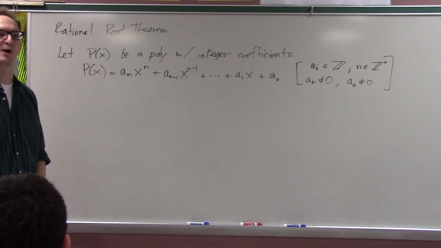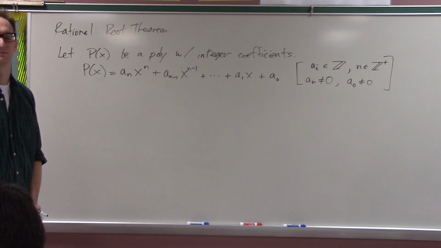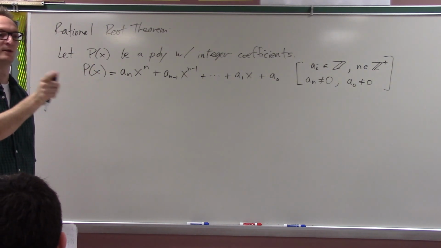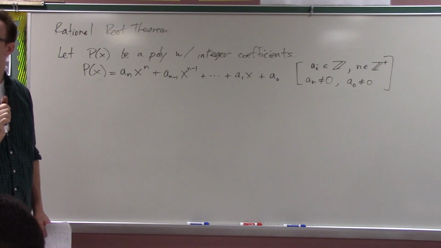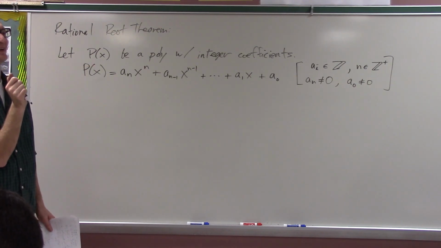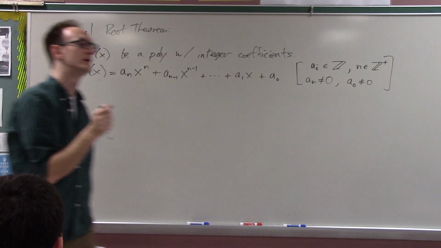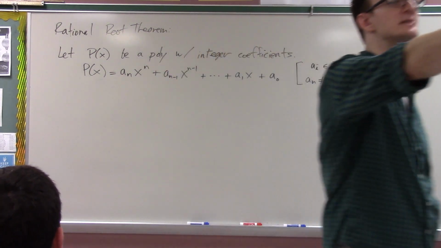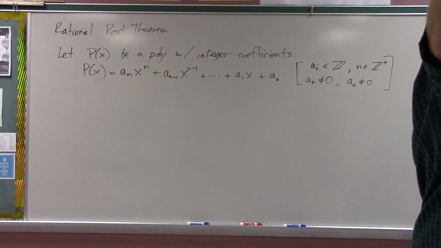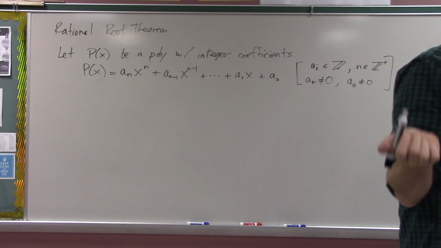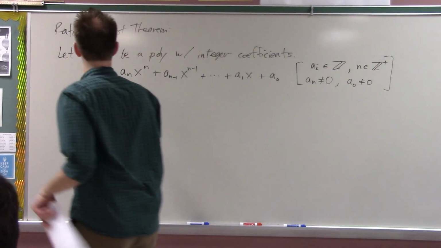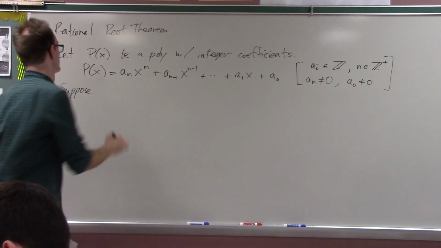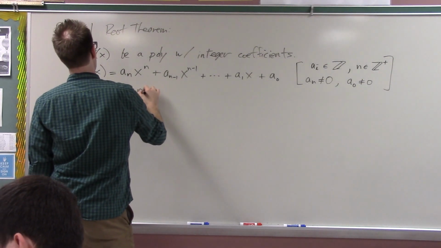If p is a polynomial with integer coefficients... No wait, the very next sentence of the theorem is: if p has a rational root. So suppose that p has a rational root.